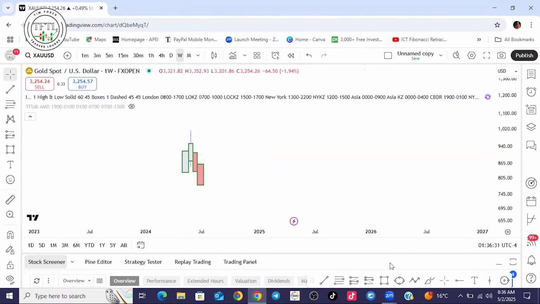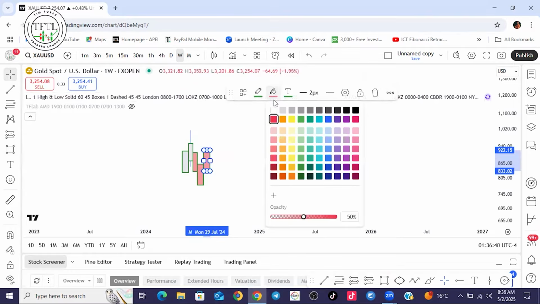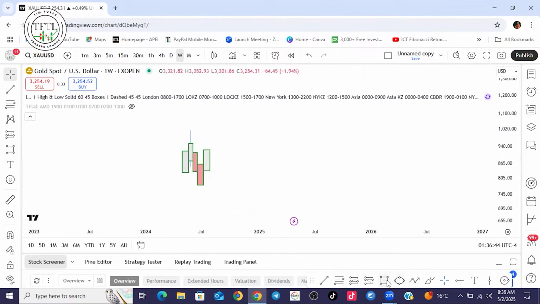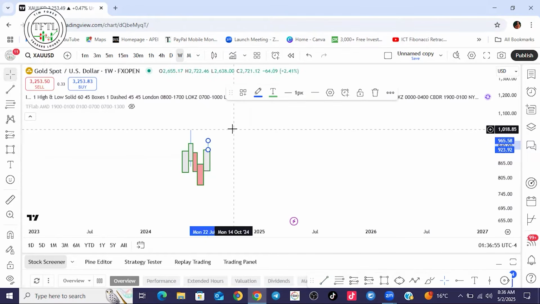Then again, we may see the price push up. So this is a bullish candle. And then we see the price push up, the wick push up, but sometimes it doesn't go above the body.